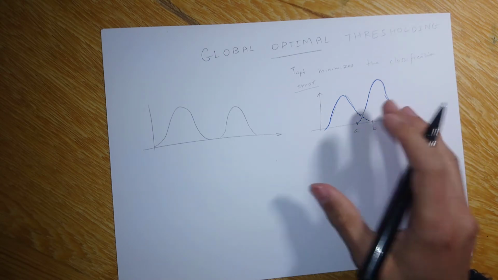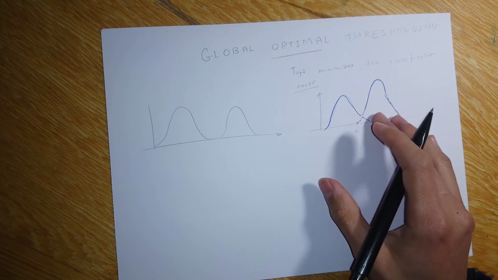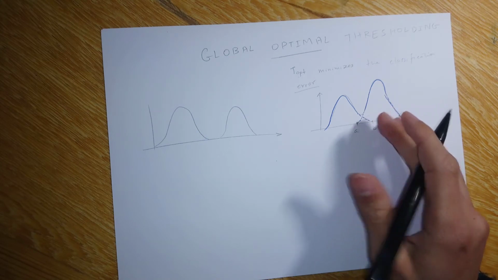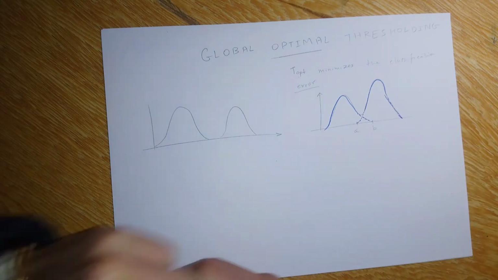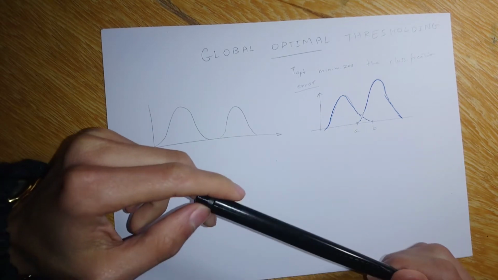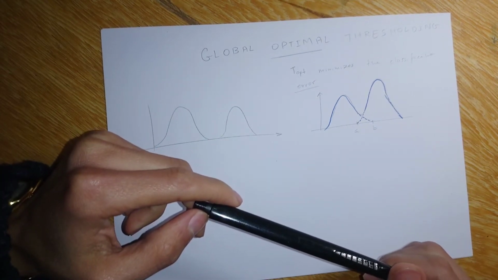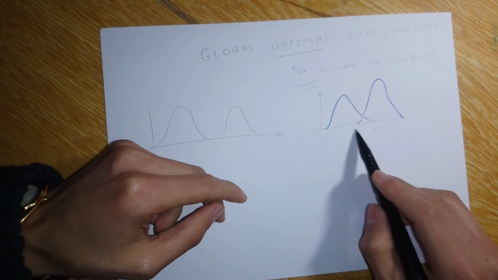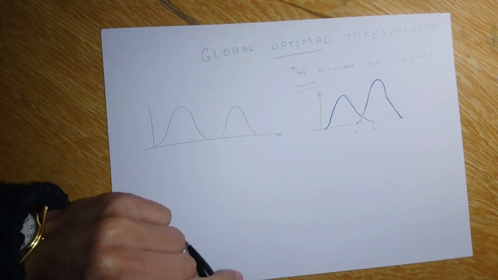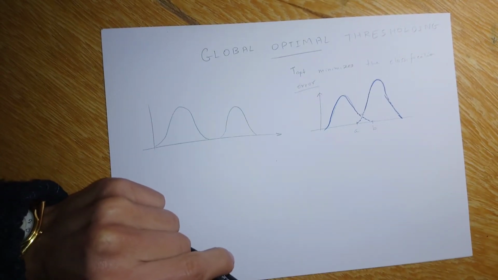First of all, let me talk about why this situation happens. There are many reasons. For example, it can happen if I have an object that has the same color as the background, and as a result I get an overlap. Another case where this can happen is uneven illumination.